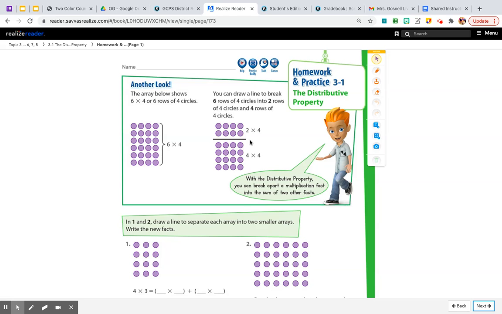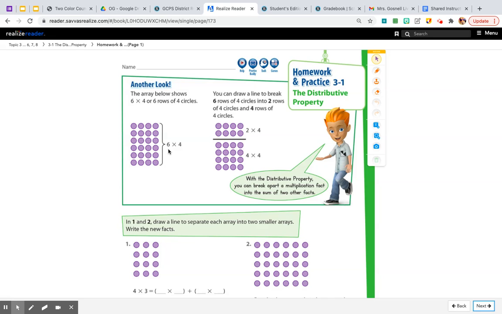And pretty much you are taking that 6 and you're splitting it into 2 and 4, because if you add 4 and 2 back together, you would get 6. So you're taking those 6 rows and you're splitting it to simplify the problem because you are treating this like an unknown fact. We know that distributive property tells us that you can break apart a multiplication fact, and you can add these 2 products together and get the total amount.